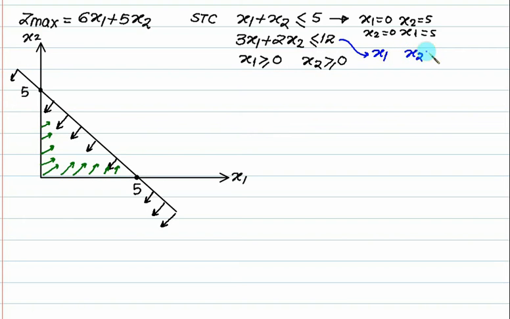So x2 equals 12 by 2 equals 6. And if I put x2 equal to 0, thrice x1 equals 12. So x1 equals 4. So any line that is passing through x1 equal to 4 and x2 equal to 6 will represent the second constraint. So this one is the second constraint.